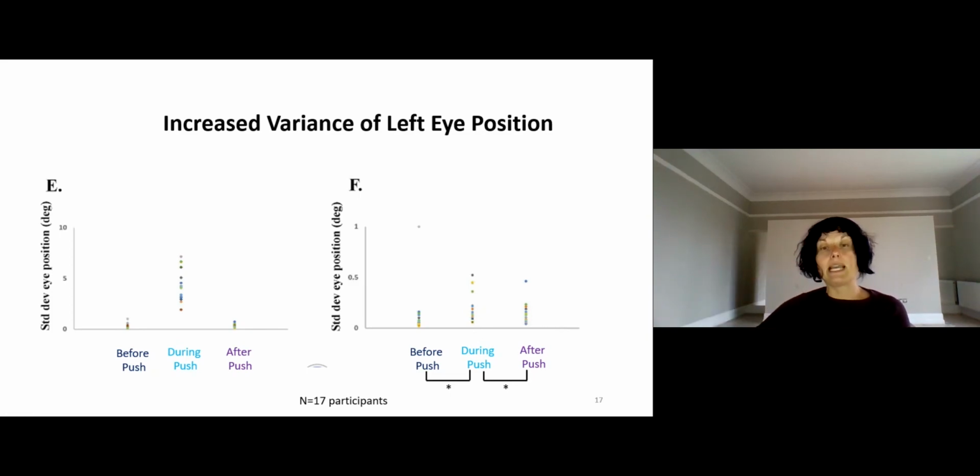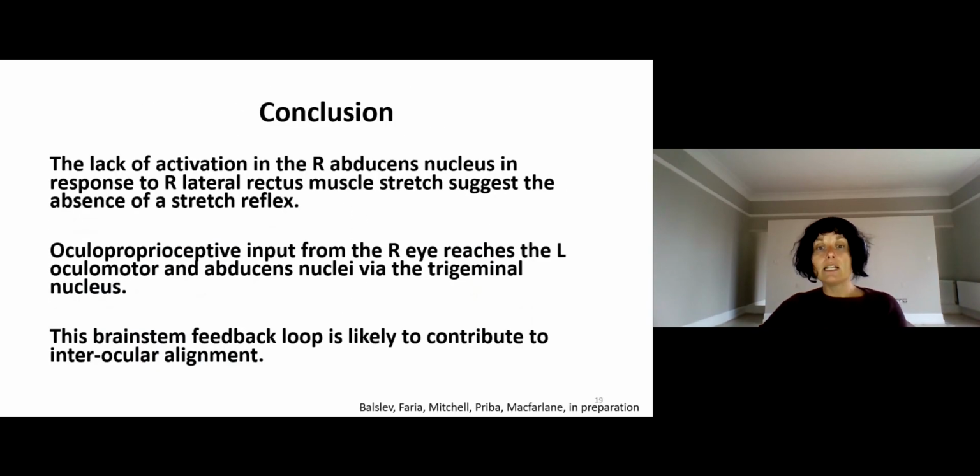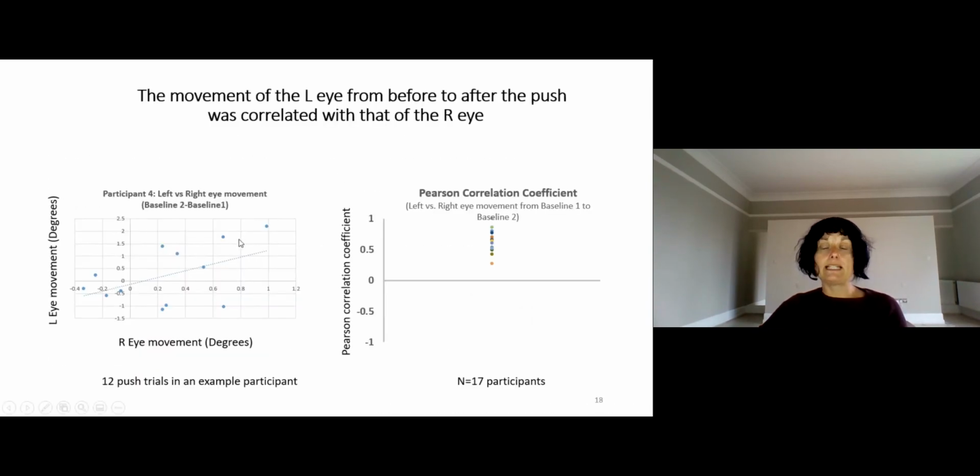So that could explain the increased activity in the oculomotor and abducens nuclei that move the left eye in opposite directions. However, something that is important is that the movement of the left eye between the two baselines is correlated with that of the right eye.